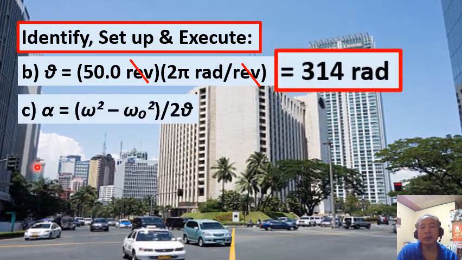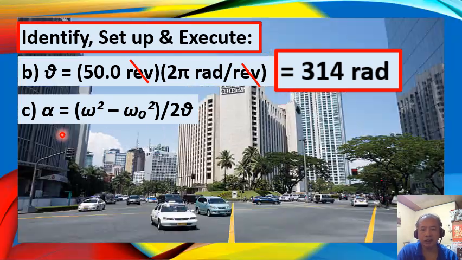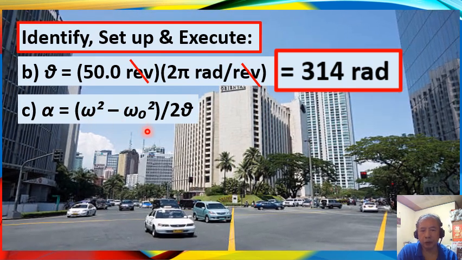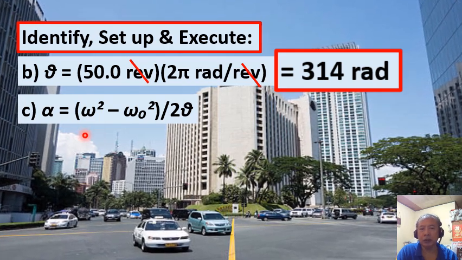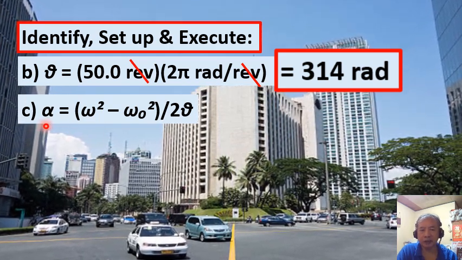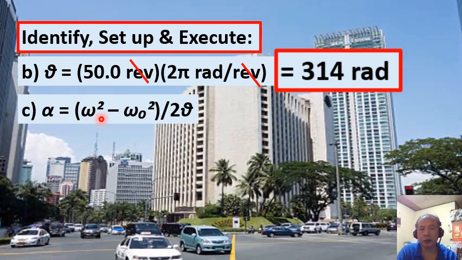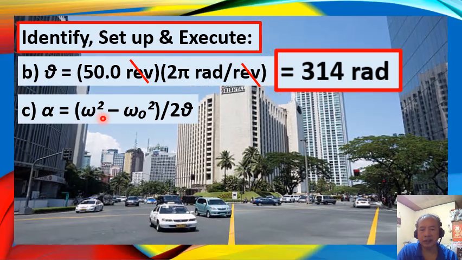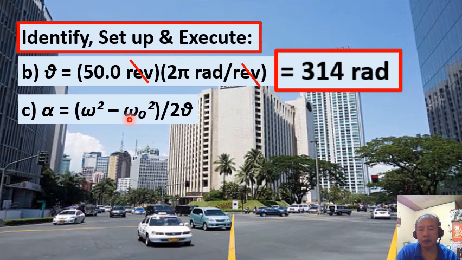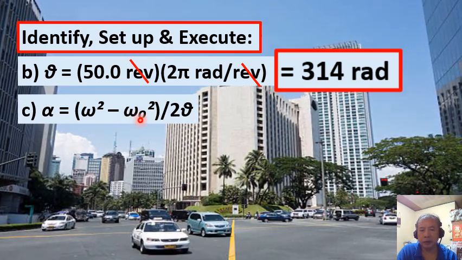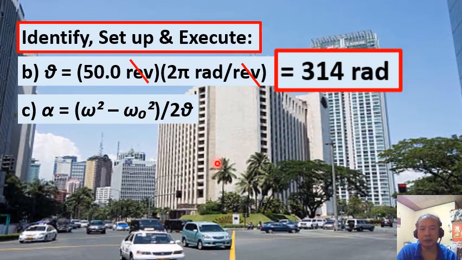And in part C, we are asked to compute the angular acceleration alpha of the centrifuge, which is assumed to be constant. So our equation is alpha equals omega squared, the final angular speed of the centrifuge, minus the initial angular speed squared, omega naught squared, divided by twice the angular displacement theta.